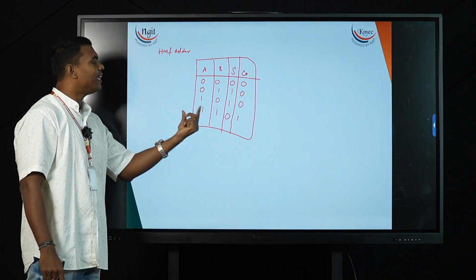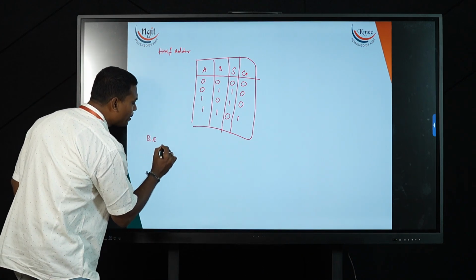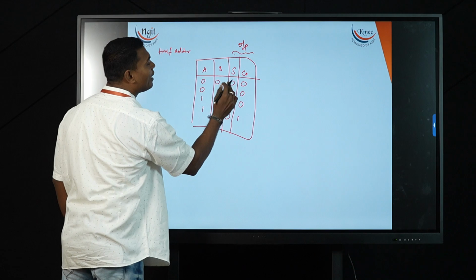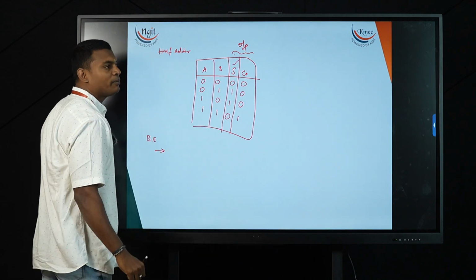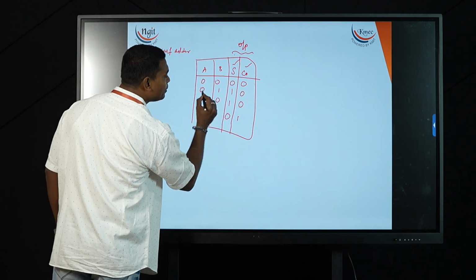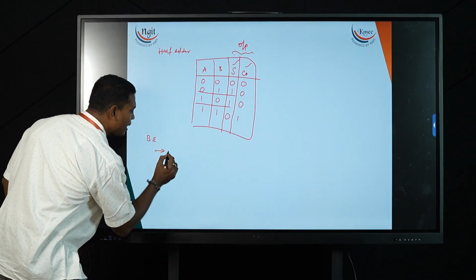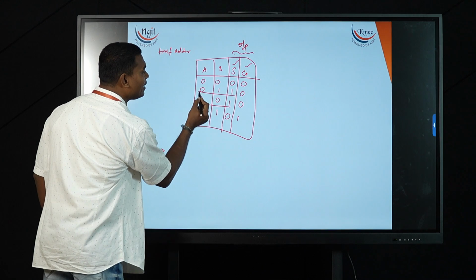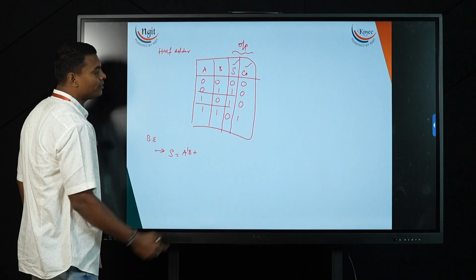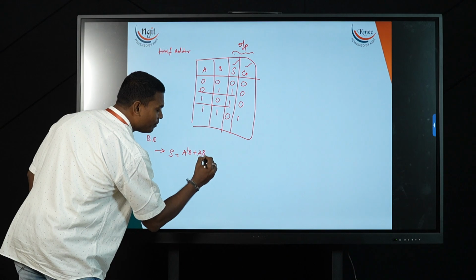So this is the information related to the half adder. Now for this half adder, I need a Boolean expression for sum, as well as an expression for carry, because these two are my outputs. The sum value is 1 at two points, which means S is equal to 1 at A' B plus A B'.